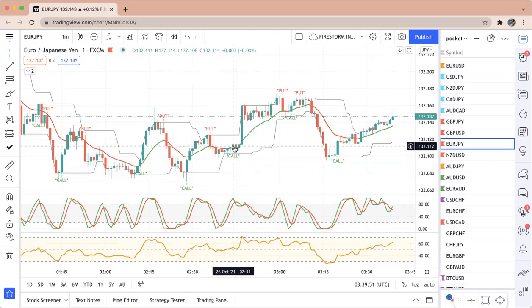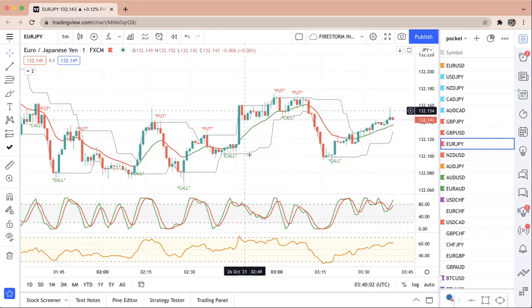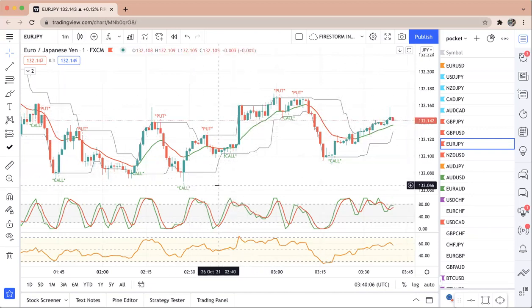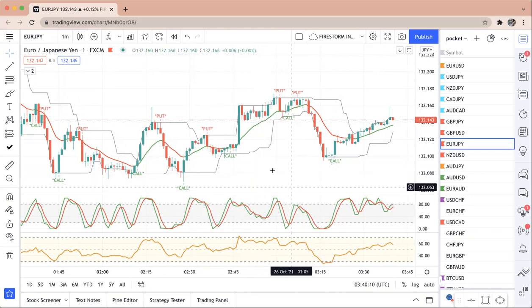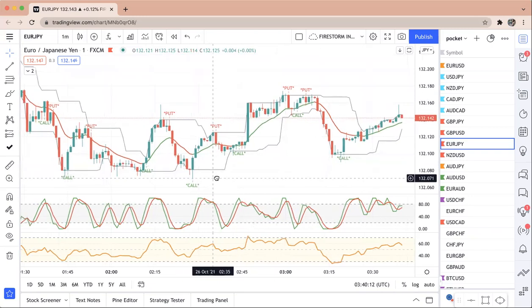So let's say you saw this one for a call, you took it for a minute, then you waited for this one, took another call, and then took this one as you saw it growing fast. You could make multiple trades and get your trading session done in just 1 or 2 signals if you wanted to.